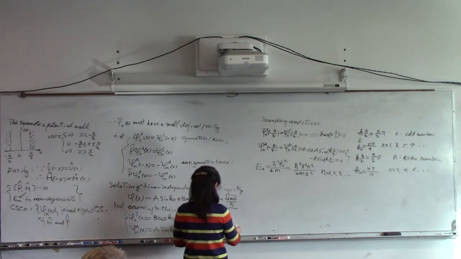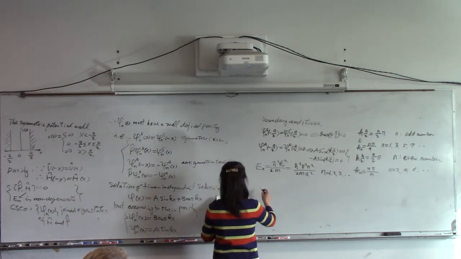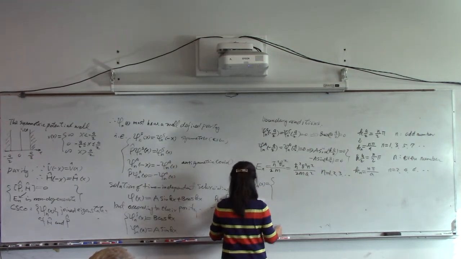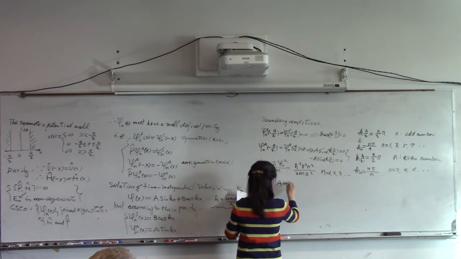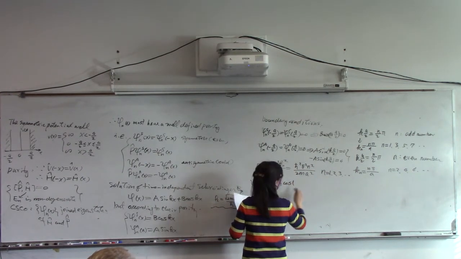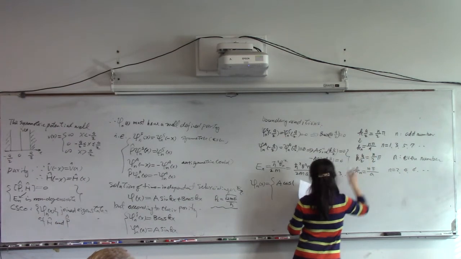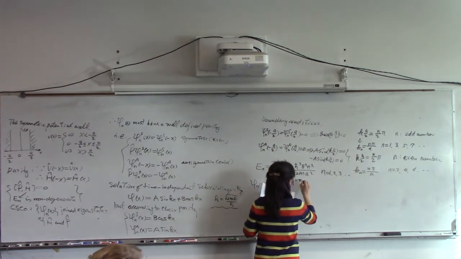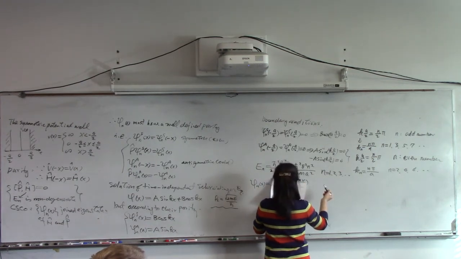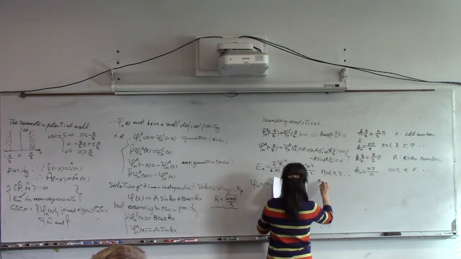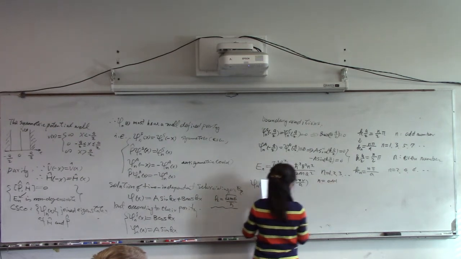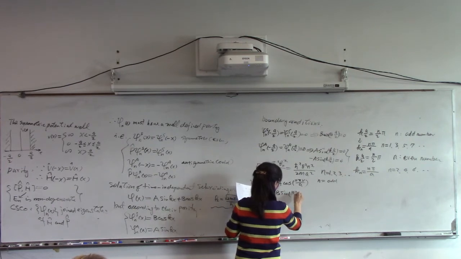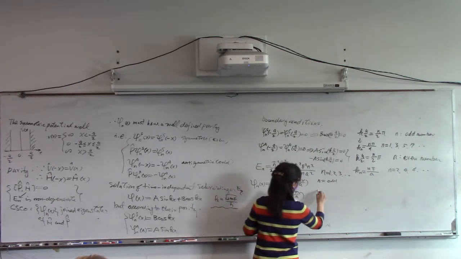Okay, so let's summarize this together. It is A cosine, since cosine corresponds to this one, right? I use the same K here, so that is n pi x over a, but this n should be an odd number, and that is symmetric. And antisymmetric is B sine n pi x over a, where n is an even number.